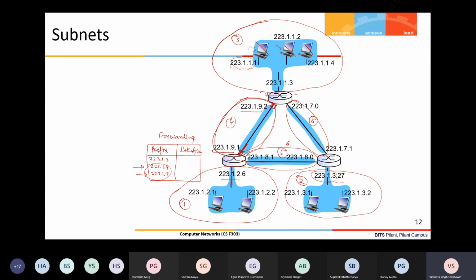Control information, some routing information, may require this interface, since the routing protocol is running. So it may send some packet to this one. For that purpose, these entries will also be required: that is 223.1.7, 1.8, along with the 3 subnets having end hosts connected, that is 223.1.3 and 223.1.1.